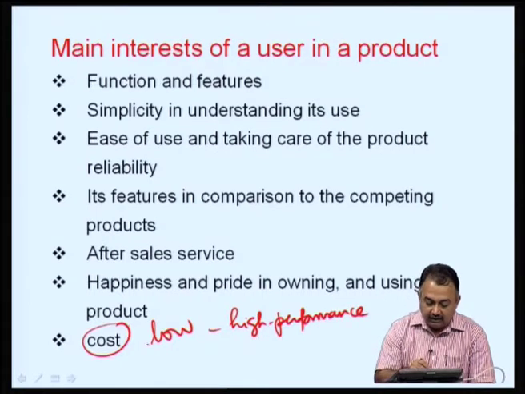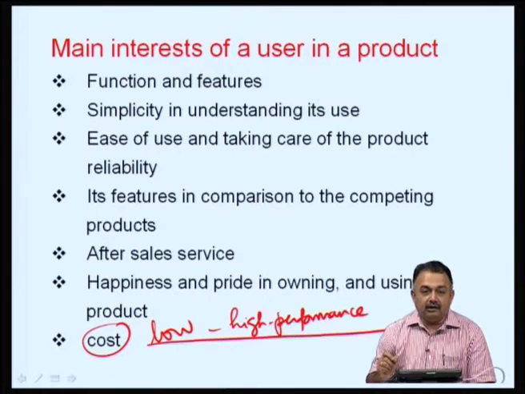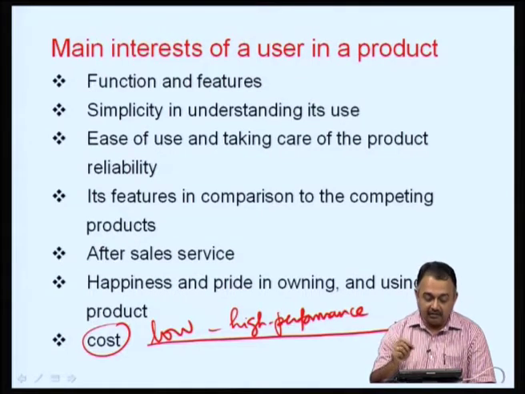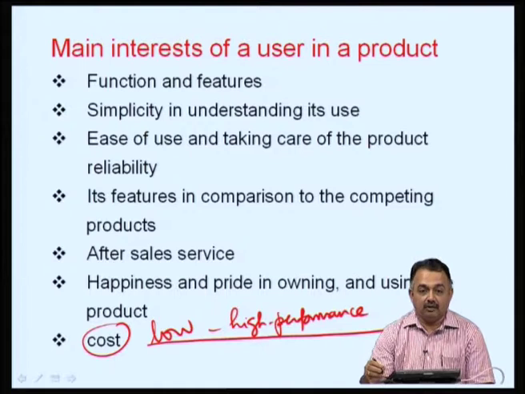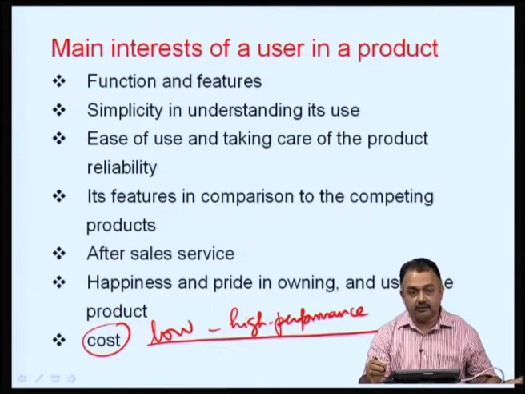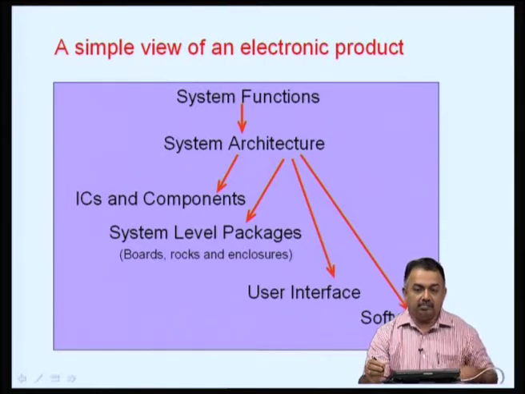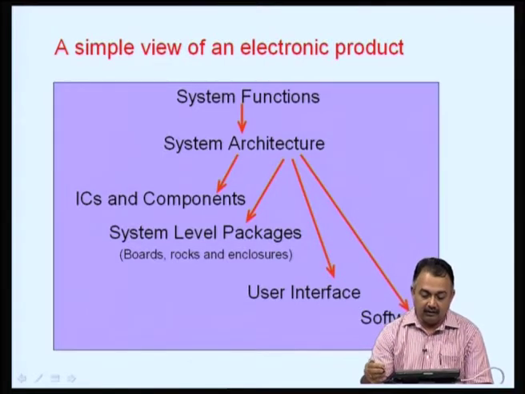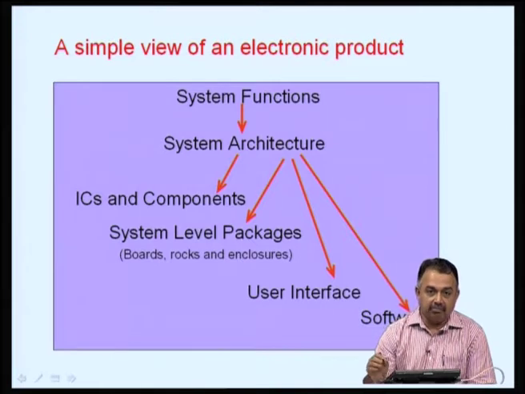So, in a nutshell, I would like to say that in packaging, please remember this has to be a very important and a key word in the industry houses: low cost product, high performance, except as I said in some special cases. So, a simple view of an electronic product will be there will be system functions built.